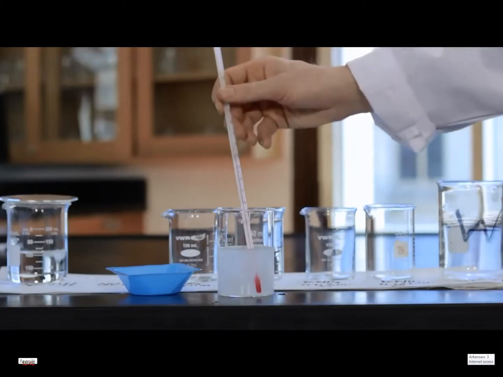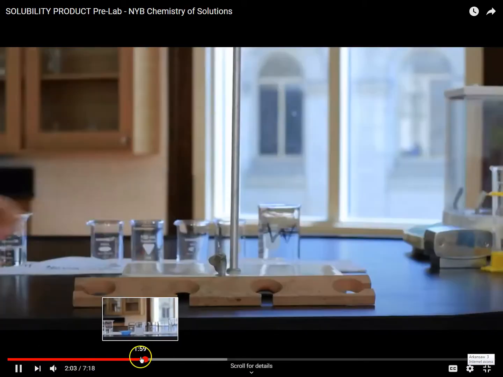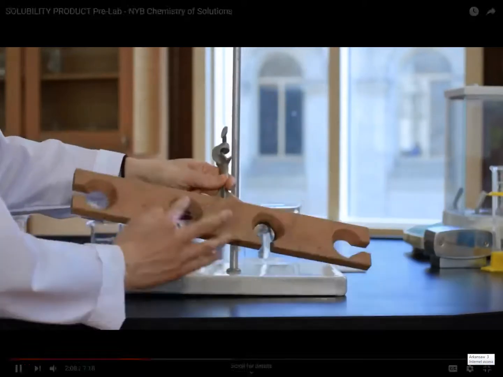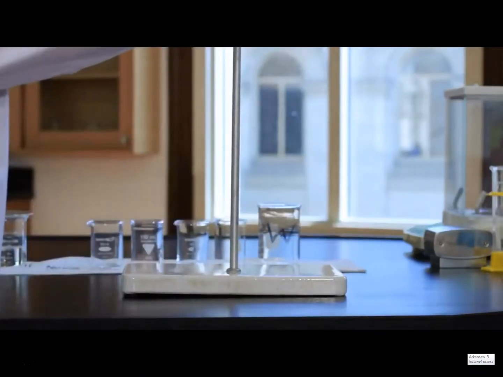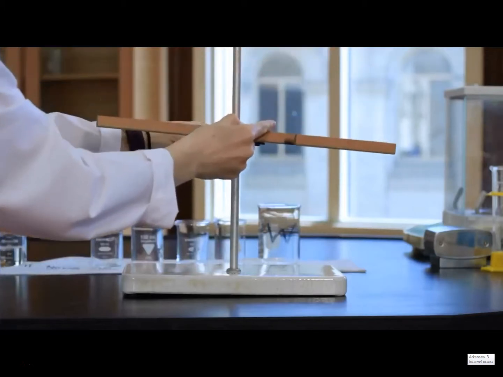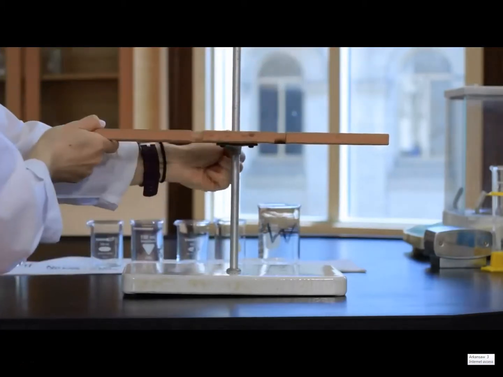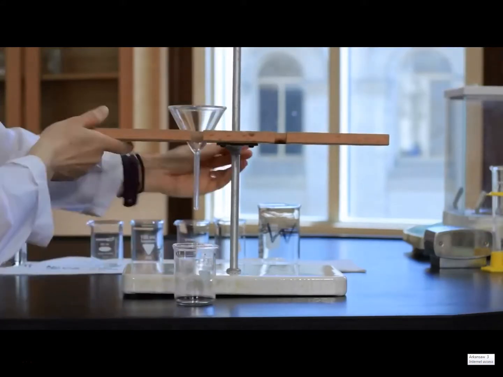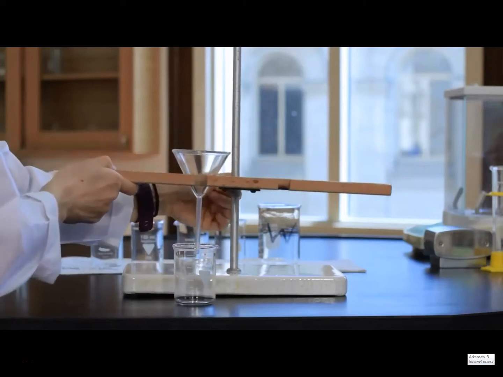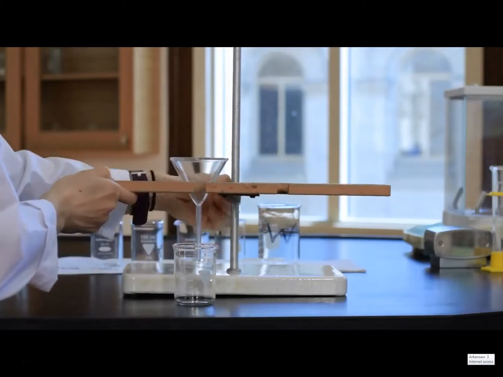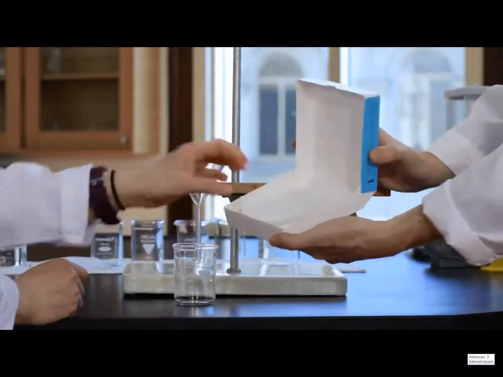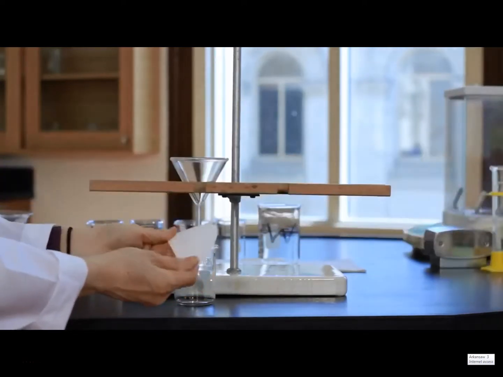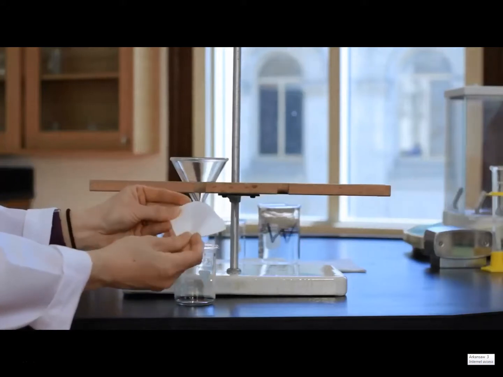Record the temperature of the solution. Filter the solution. Since the solution is saturated, it is essential that the filter paper, funnel, and collection beaker are dry prior to the filtration.